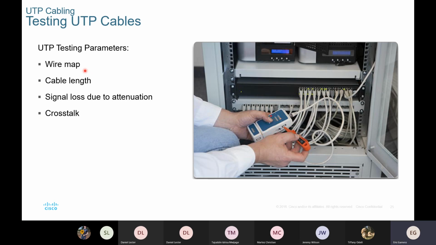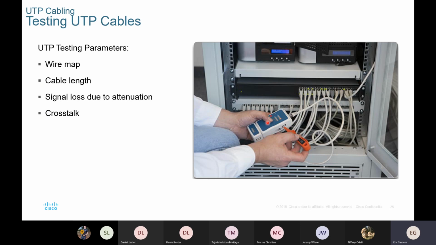So it will give you the map, but it will also compute the length of the cable. The horizontal cabling cannot be longer than 100 meters. And 100 meters will include the patch cord, the horizontal cabling, and the other patch cord.